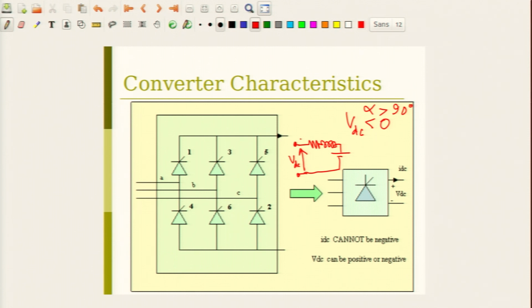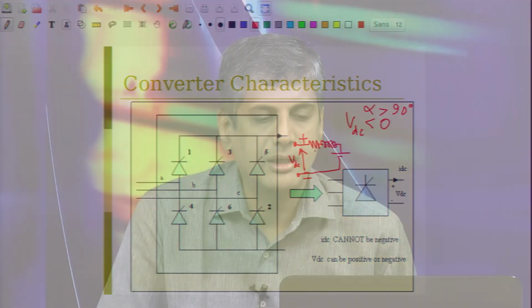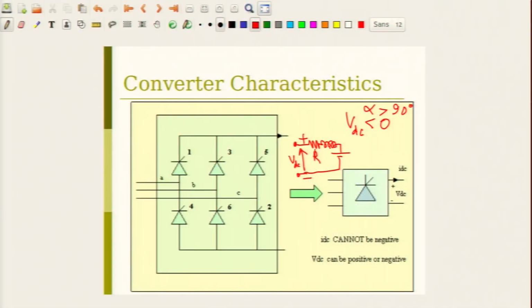But suppose this is VDC, which is the output of the rectifier, and VDC goes negative. What is the direction of the current? Well, the current in steady state is determined by the resistance of this winding. So, the current is VDC by R in this direction.